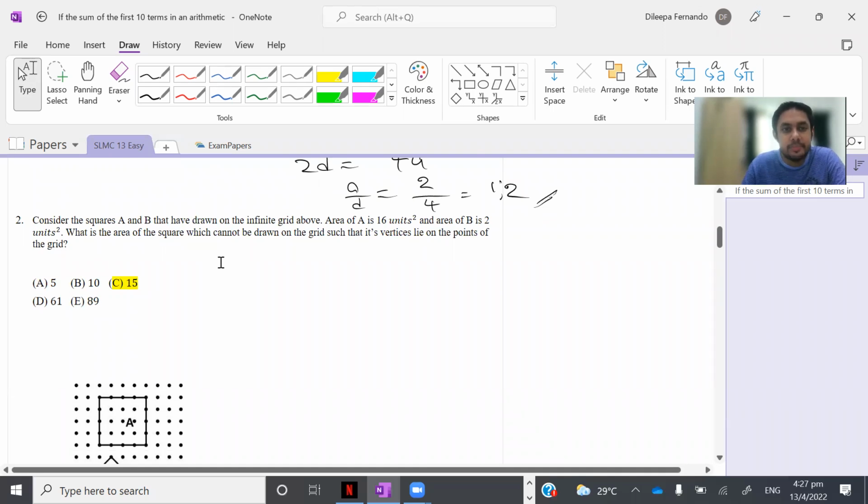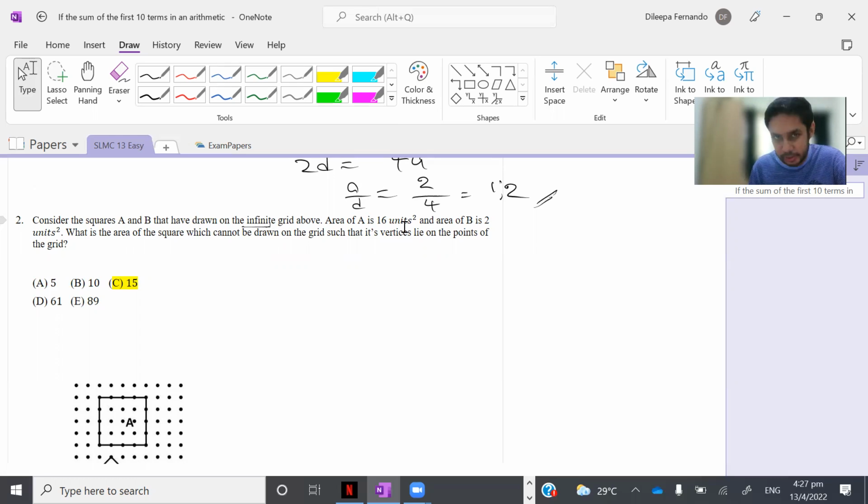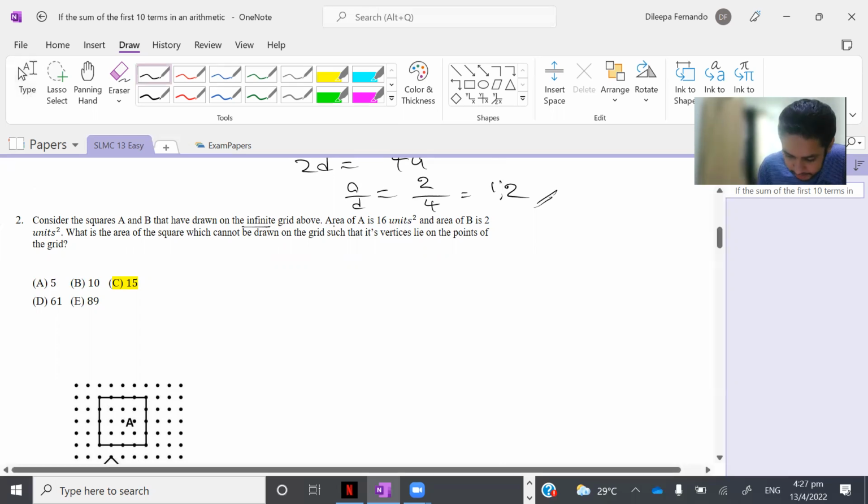Consider squares A and B that are drawn on the infinite grid above. These wordings are important: infinite grid, and the area of A is 16 units and the area of B is 2 units. These are examples, not a part of the question, just to show how the area is calculated.